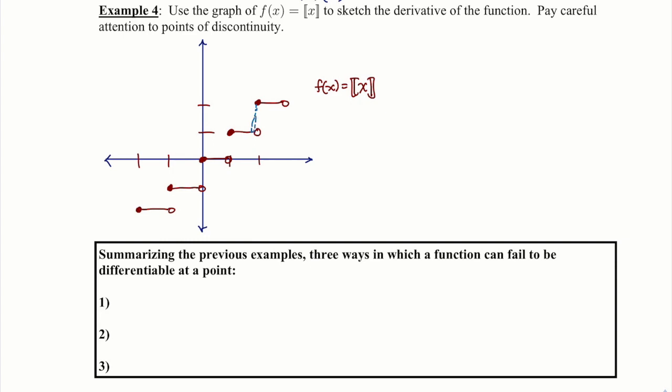The steeper and steeper, the closer we get to that jump point. So we'll have a discontinuity in the derivative function because the derivative right at one of these jump points will be undefined. So we'll have this function that's 0 everywhere except at the integers. Right, so where the derivative is defined, it will be 0. But anytime we hit one of those jumps, we will have an undefined derivative.